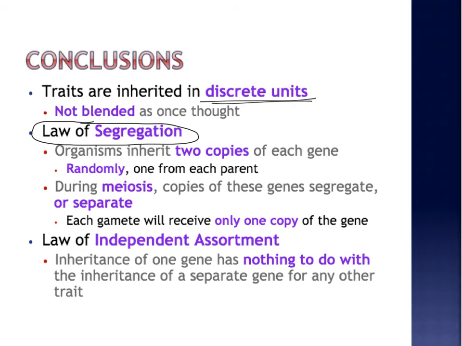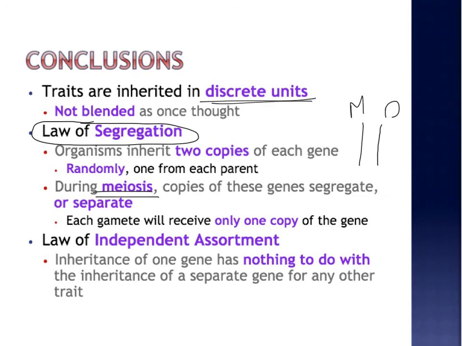And then make sure you are familiar with these. They were touched on in the little video clips. The law of segregation is just saying that organisms inherit two copies of each gene, one from each parent. And remember, those are carried on the homologous chromosomes. We said that the homologous chromosomes, one's coming from mom, one's coming from dad. And why this relates to meiosis is during meiosis, they separate.